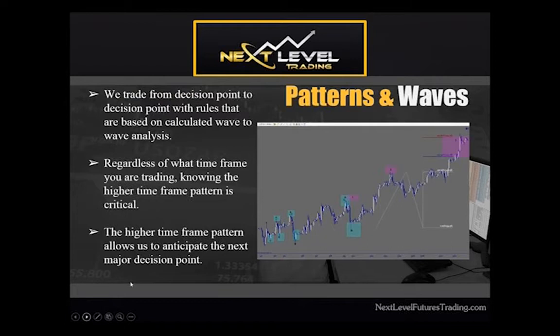What we'll do is try and trade from decision point to decision point. You can see on this chart we have some of these labeled based on those rules and how we calculate those waves. So regardless of what time frame you're trading, and regardless of what symbol you're trading, knowing that higher time frame is going to be critical. The higher time frame pattern is really what allows us to anticipate where that next major decision point is going to be.